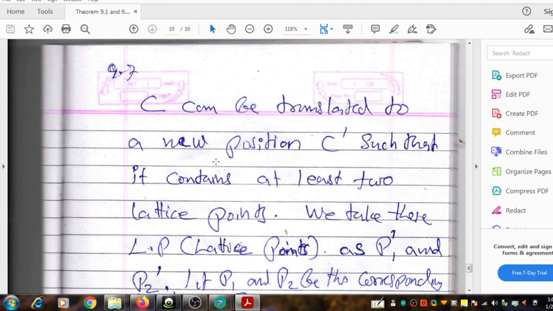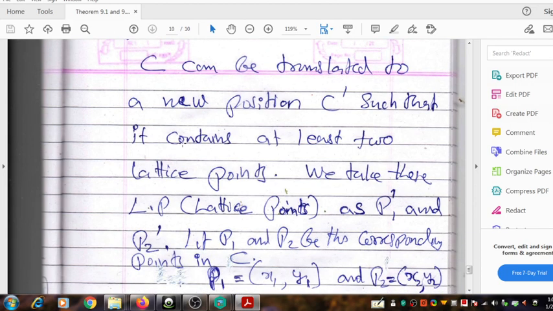Without changing the shape and size of C, we are just translating it on R2 and getting a new position C dash that contains at least 2 lattice points. How do we get this? By applying the general form of Birchfield's theorem.